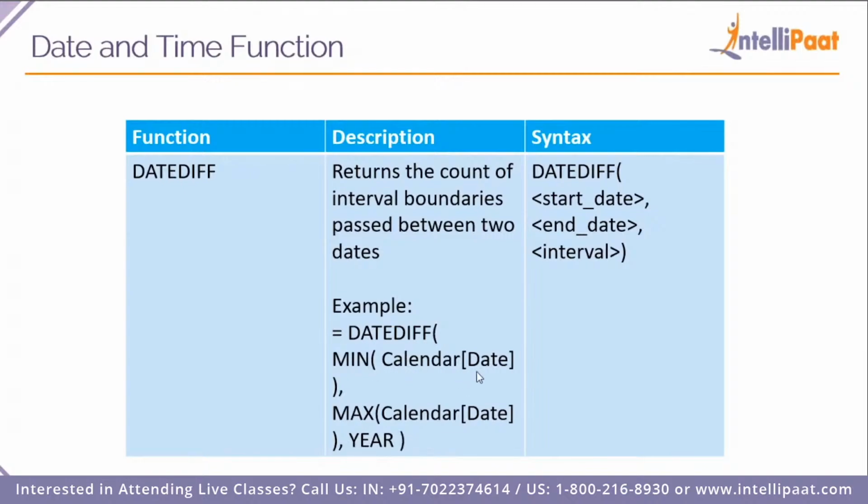Suppose like we have in this 2008 and in this 2012, then it is going to return 4 as your year. That is the 4 as your DATEDIFF. So this is basic. Instead of year, you can pass days. You can count the number of days between the start date and the end date. And also you can calculate the month or quarter, anything you can calculate with this DATEDIFF function.